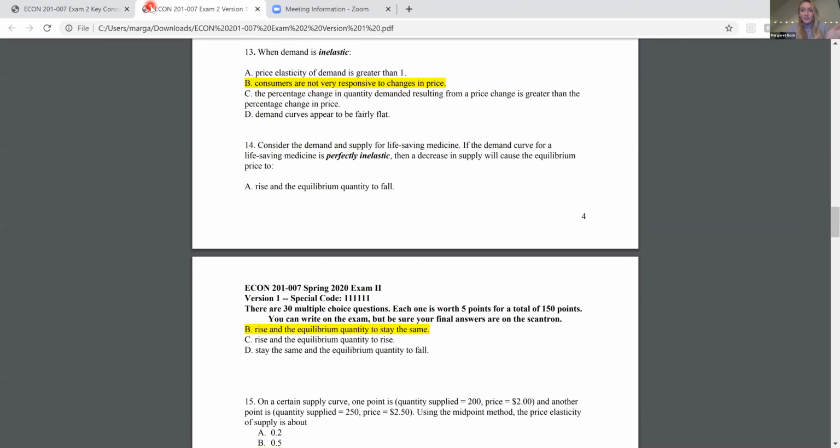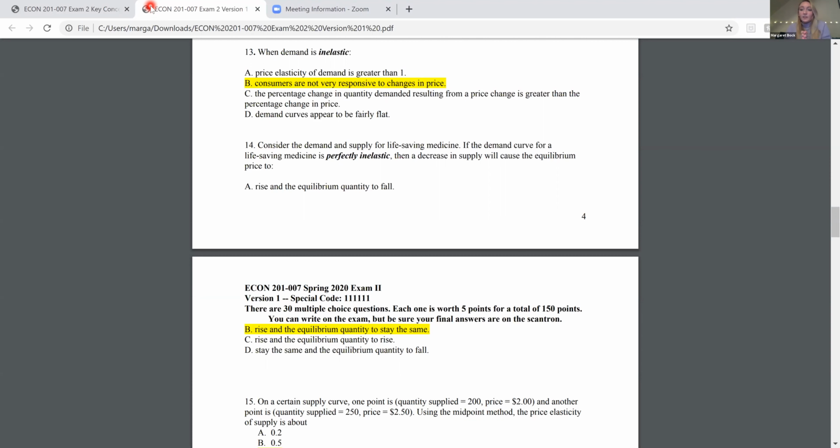So people can't be flexible when the price changes. So we represent that with a perfectly vertical line for the demand curve. So a perfectly inelastic demand curve is straight up and down.